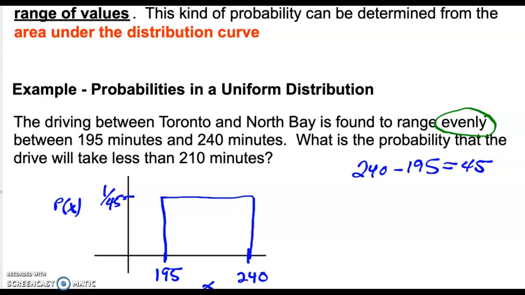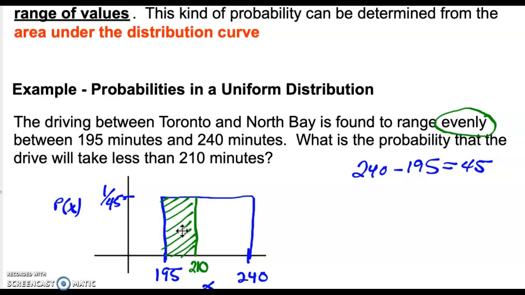Now we need to actually answer the question they asked us. What is the probability that the drive will take less than 210 minutes? Let's start by drawing in the line that represents 210 minutes. I drew it roughly about there. We want to figure out the probability that it takes less than 210 minutes. That's the same as asking, what's the probability that it takes between 195 and 210 minutes?